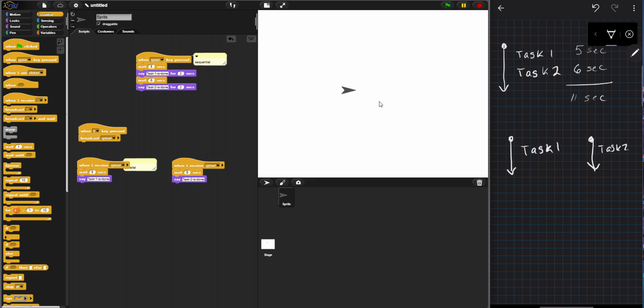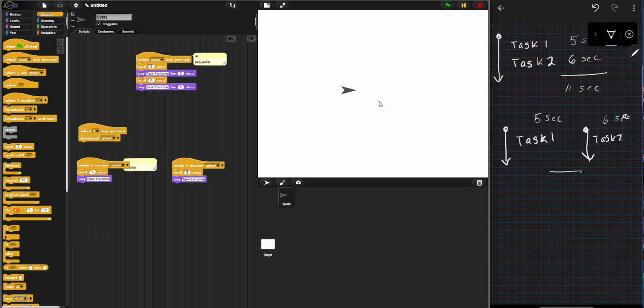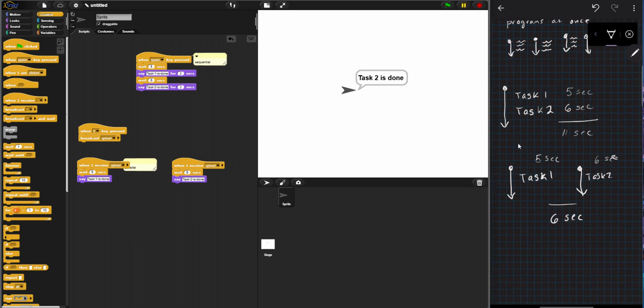But for this one, one took 5 seconds and one took 6 seconds, and since they started at the same time, we finished in total with only 6 seconds. Look, 1, 2, 3, 4, 5, 6. Task 1, task 2, right away. I hope that helps you visualize how this is supposed to work.